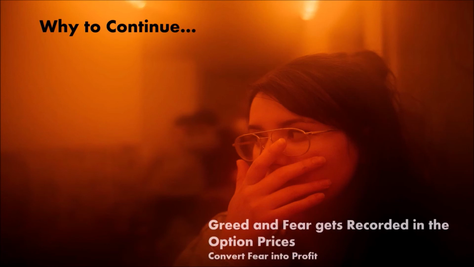This gets reflected in the option prices, which I like to say gets recorded in the option prices. You will see a huge spike in the option prices which are way down, right? But things do come back to normal, and when they do, those heavily priced, extraordinary levels which are not at all feasible decline sharply.